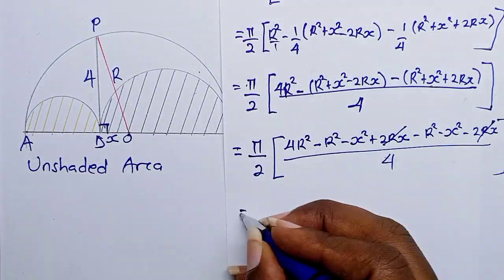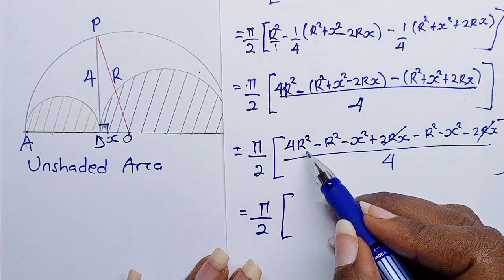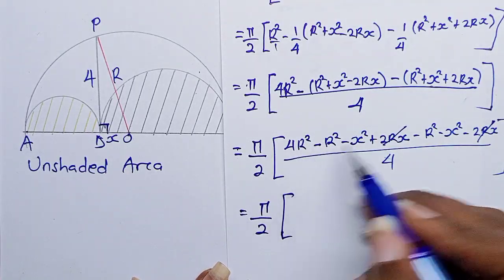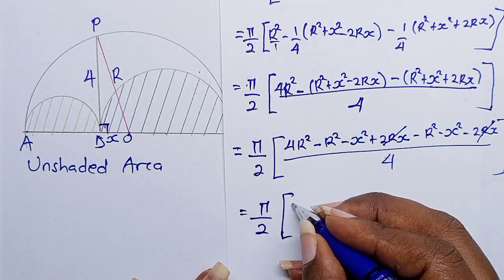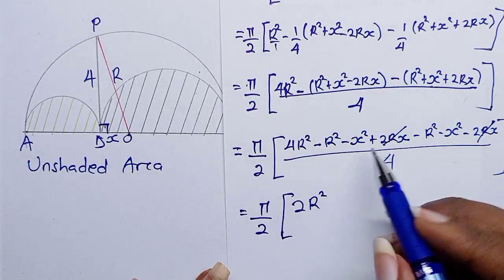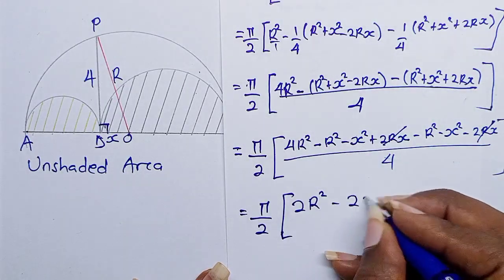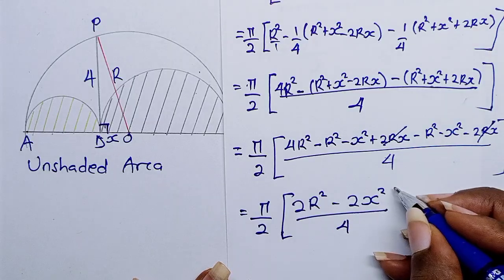So we have pi over 2 into 4R squared minus R squared, that is 3R squared, minus R squared, that is 2R squared. So 2R squared minus X squared gives us minus 2X squared. This is over 4.